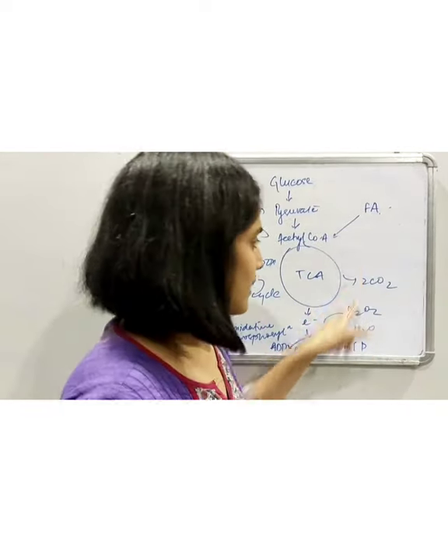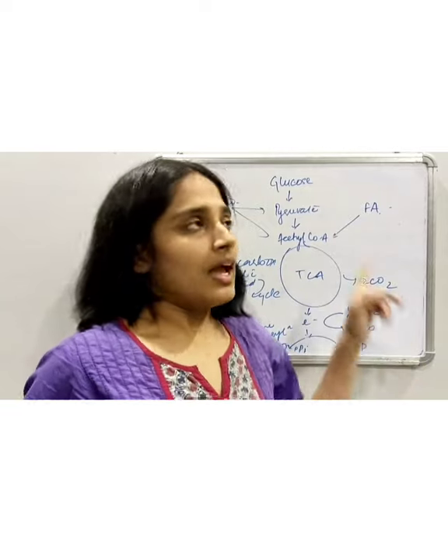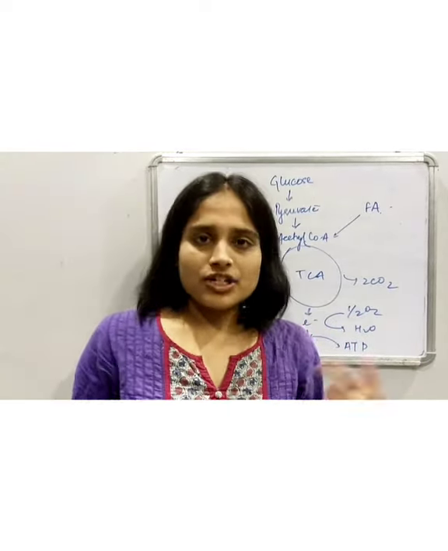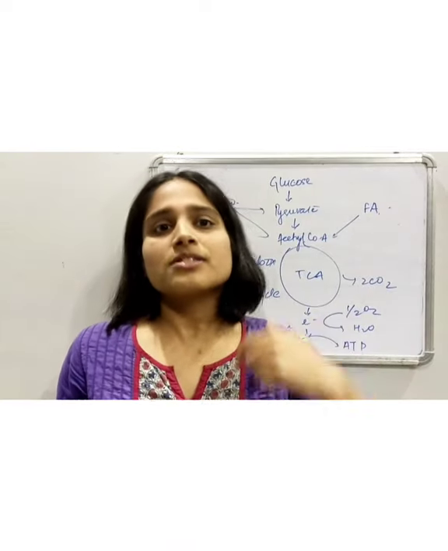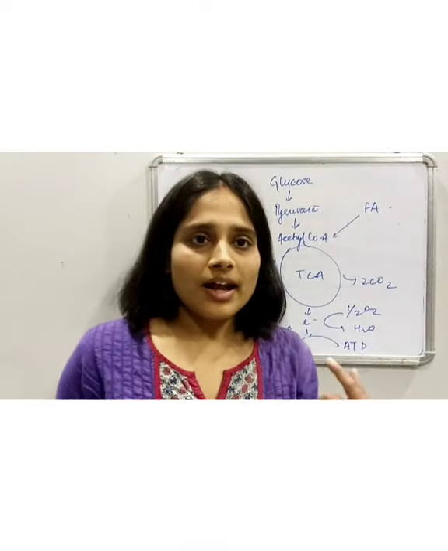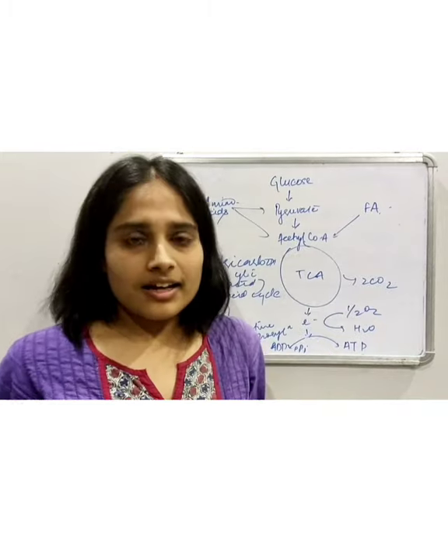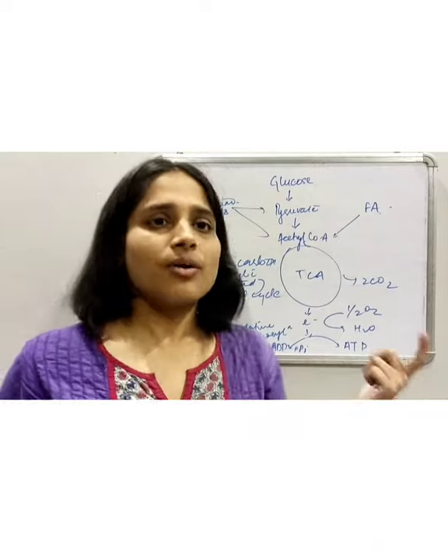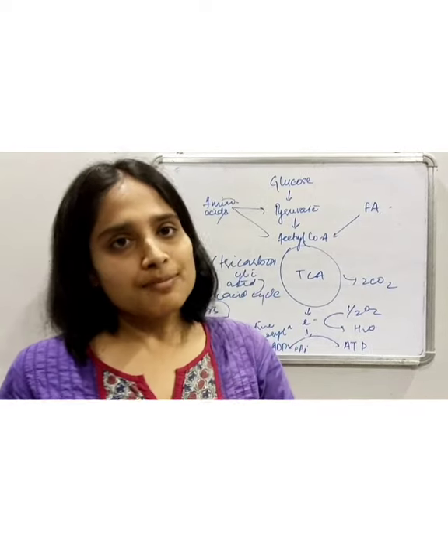So this cycle is strictly aerobic. Under anaerobic conditions, the cell does not produce sufficient energy, so more energy is generated under aerobic conditions than in anaerobic conditions. Aerobic means it requires oxygen; anaerobic is in the absence of oxygen.